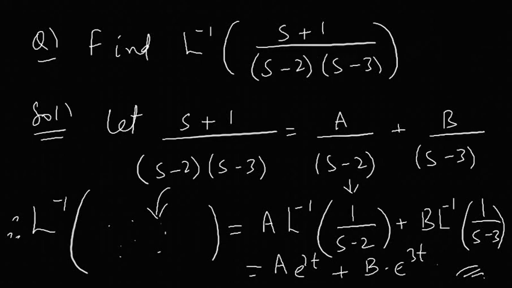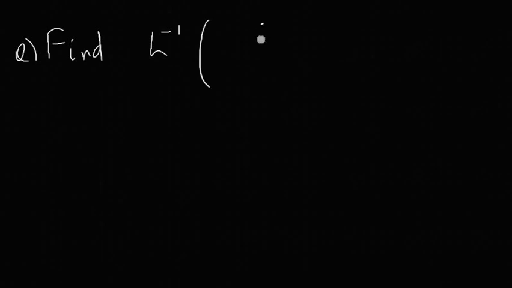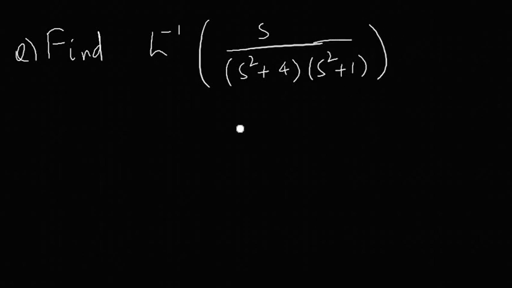If you have a second degree, suppose the question comes, find L inverse of s by s square plus 4 into s square plus 1. Then we know one thing, that is the convolution theorem.